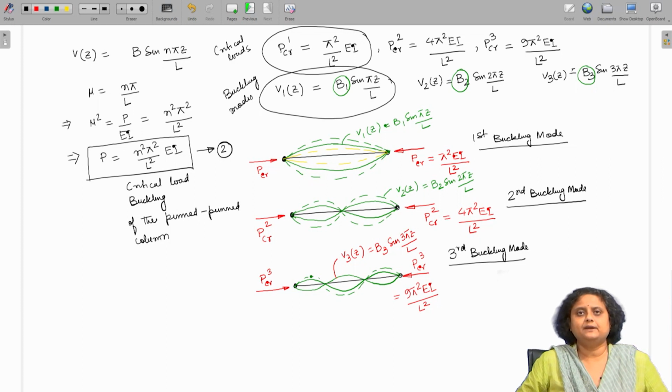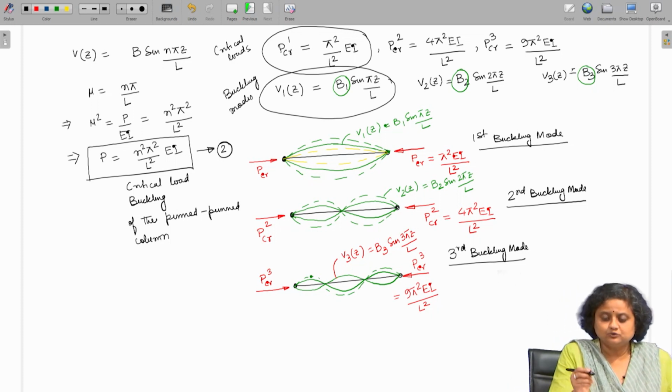So, the nth P critical value is going to be n square pi square E I by L square. Corresponding to each critical load, there is a buckling mode, that is the shape according to which the column will deform. The absolute value of this deformation is non-unique. It could be anything, but the shape is fixed.